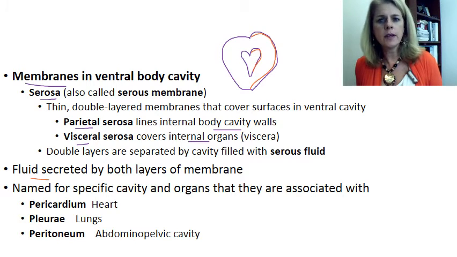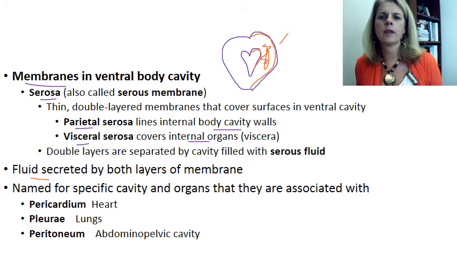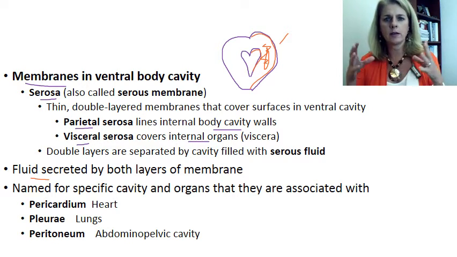And then in between these two membranes, you have a space, and it's filled with a fluid called serosal fluid. And so this fluid allows for movement. So as the heart's beating, then the heart can beat in that space and not create friction.